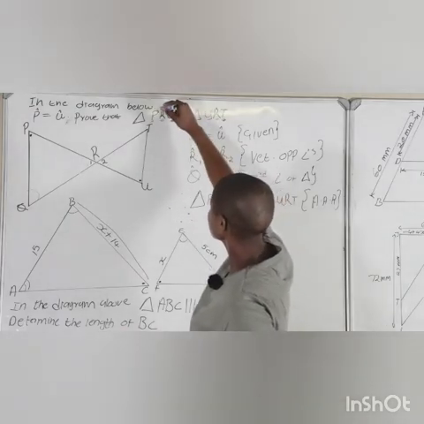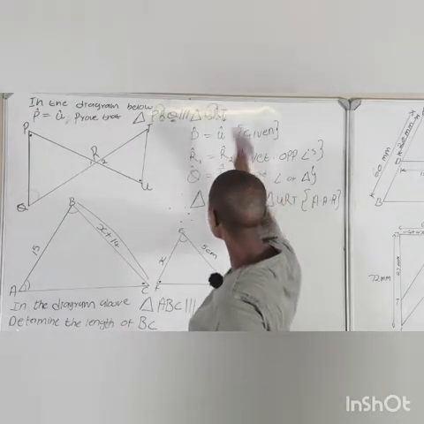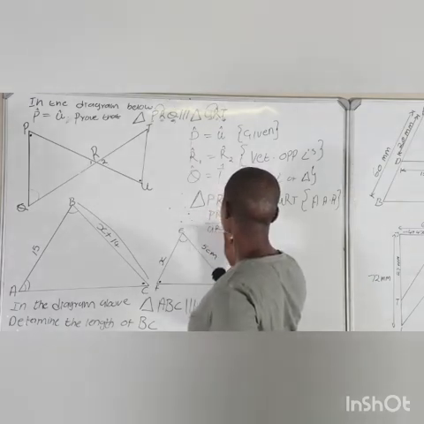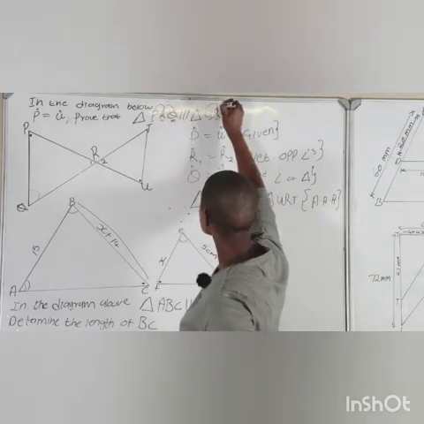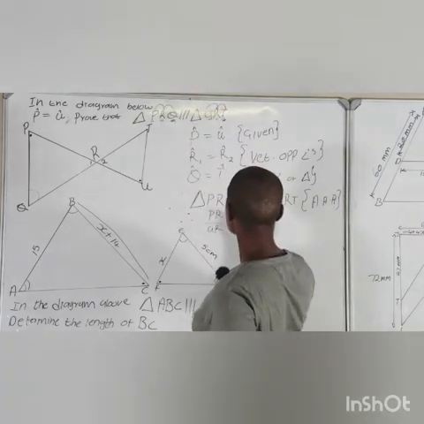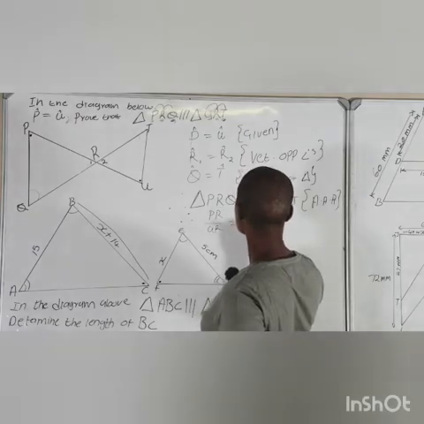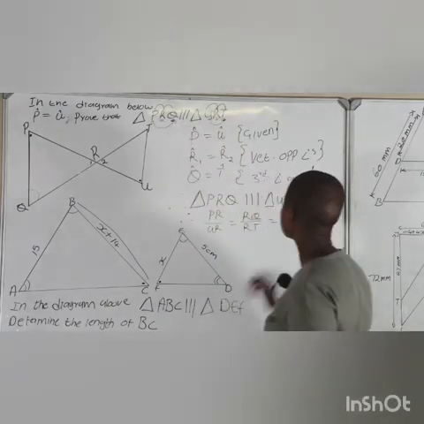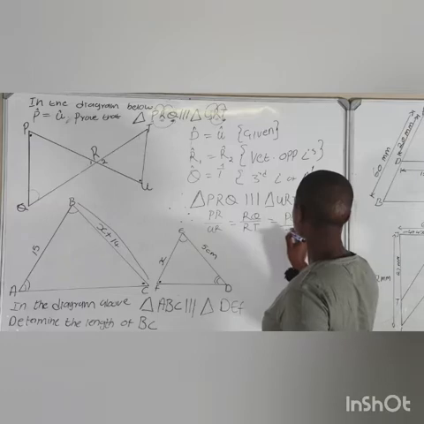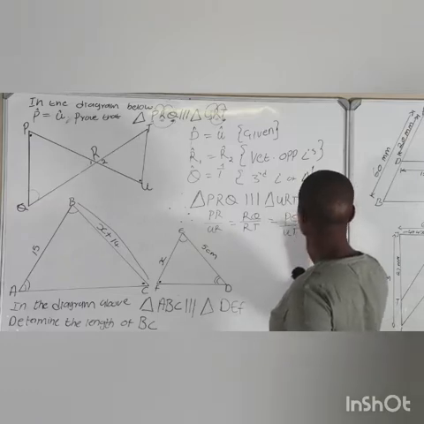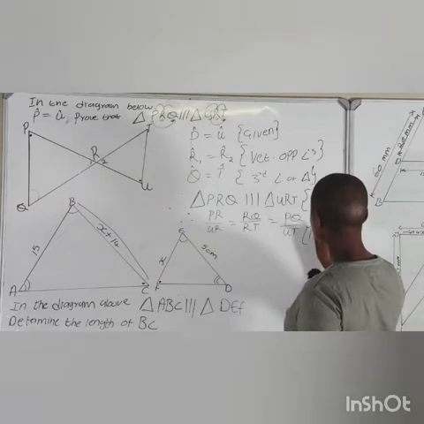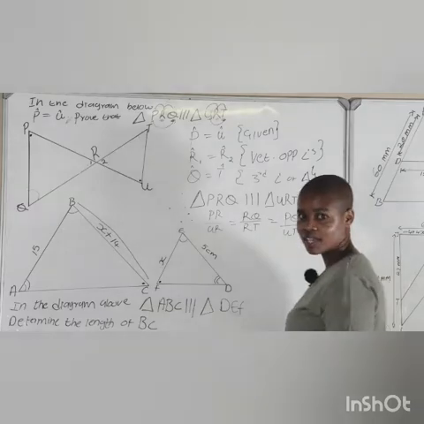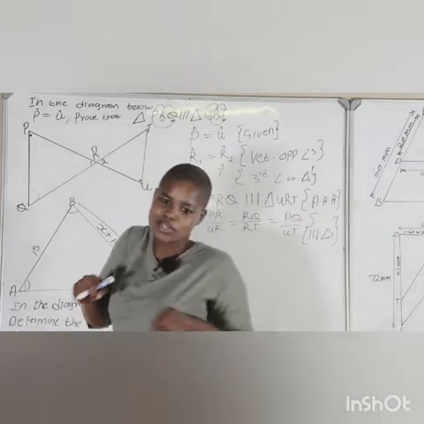We are going to say PR over UR is equal to RQ over RT, is equal to PQ over UT. And then you tell us they are similar triangles. Yeah, we've proved it.